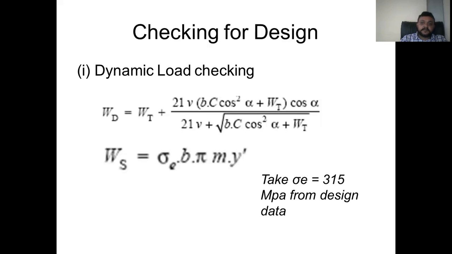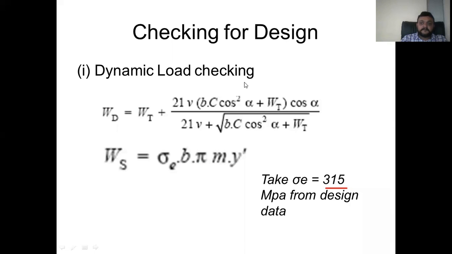Then design checking based on Buckingham's equation. From the design data book, you can use sigma E of 315 megapascal for the design, depending upon the material given, and check whether Ws is more than Wd or not.